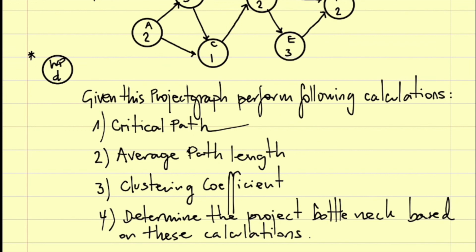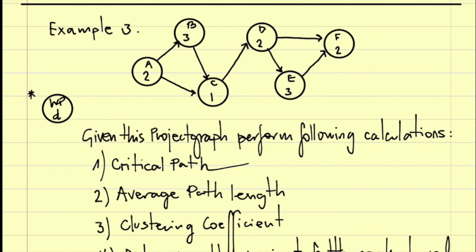Okay, C or D are going to be critical. Okay, good. If you look at this graph, we have here a cluster, a triangle. We have here another cluster. So basically, our bottleneck is going to be this relationship. Okay.